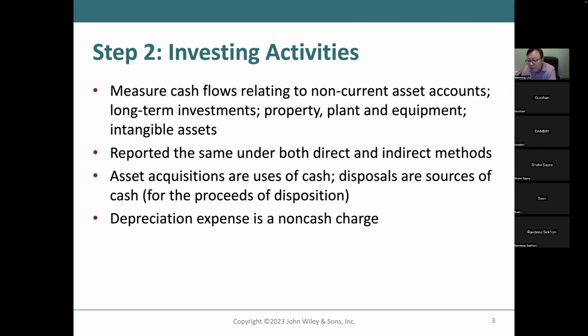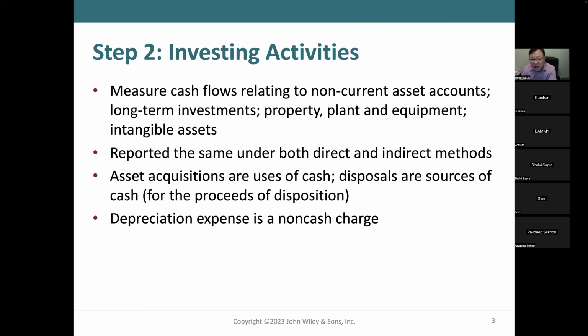So when you use the direct versus indirect method, the difference between them is how they get the cash flow for the operating activity. But for investing activity and the financing activity, they are the same. Okay, so the difference between the two methods is really on the operating activities.